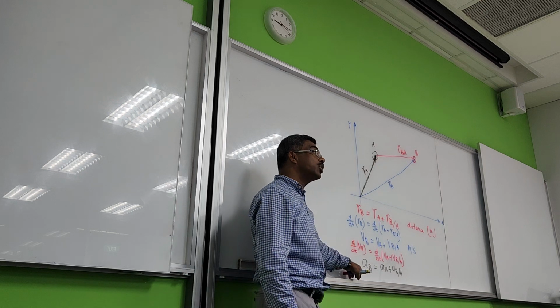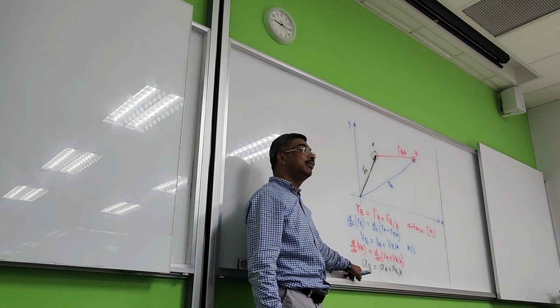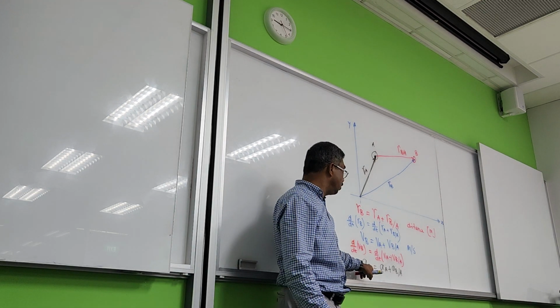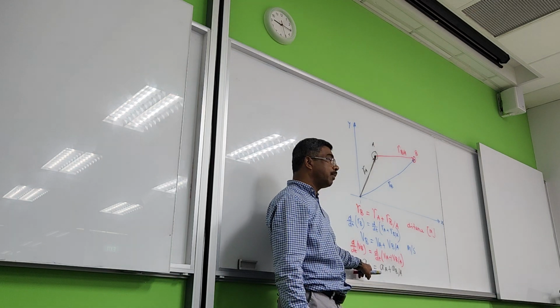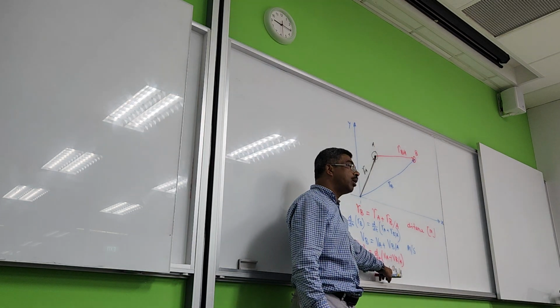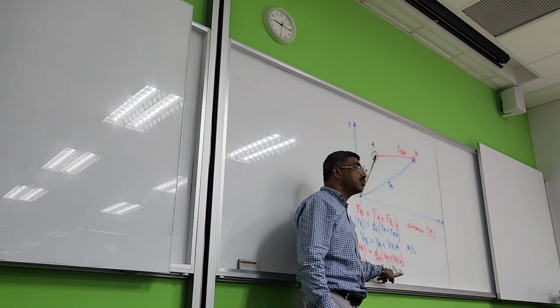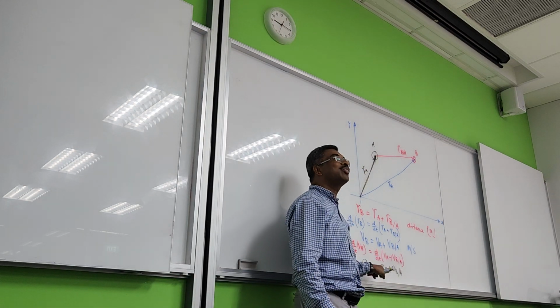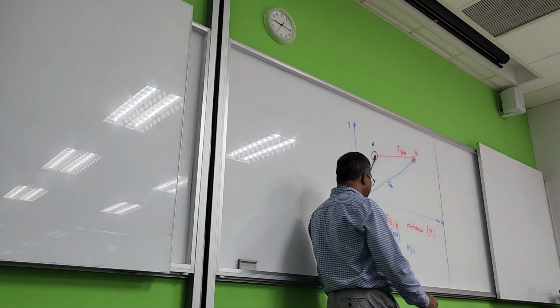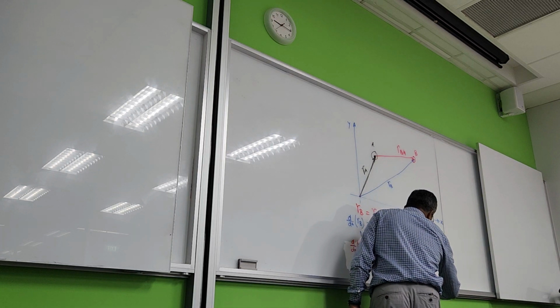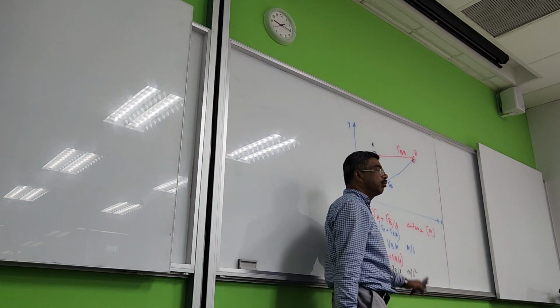It is a vector equation. It is not an arithmetic sum. So if this value is 2 meter per second square, and this is 1 meter per second square, and this is 2 meter per second square, you cannot sum them up because it's a vector equation.